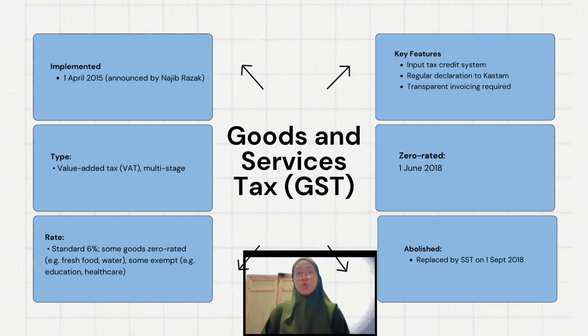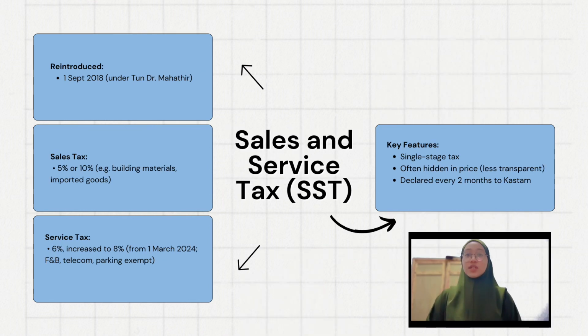However, GST was zero-rated on 1 June 2018 and replaced by SST on 1 September 2018 under Tun Dr. Mahathir Mohamad. SST is a single-stage tax, risking double taxation as levies occur only at the consumer point, often embedded in prices, reducing transparency.